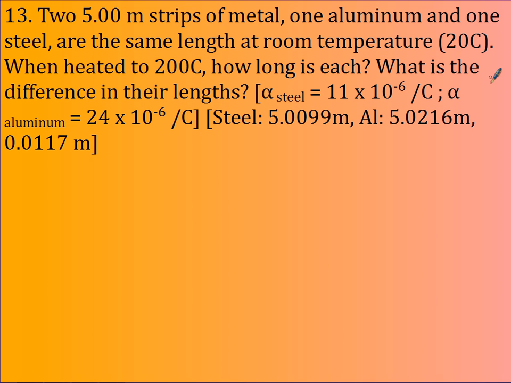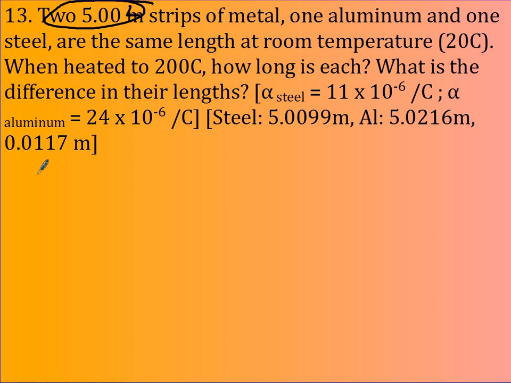Now, two 5-meter strips of metal, one aluminum and one steel, are the same length. When heated to 200, how long is each? What's the difference in their lengths? Okay, well, let's see. Let's do two columns. The initial length for both of them is 5, and they have the same initial and final temperature.